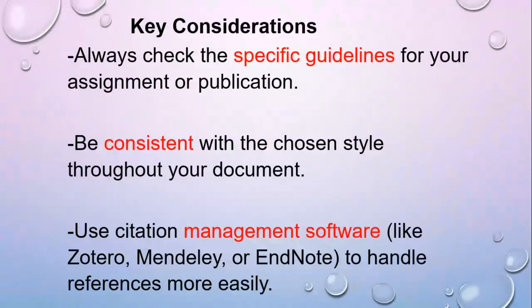You decide according to the guidelines of your study. And you have to be consistent, as mentioned by many of you. You have to be consistent with the chosen style throughout your document, whether it's a research paper, a thesis, or a dissertation. And also you can use citation management software.